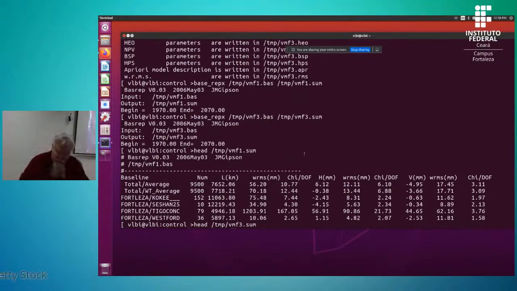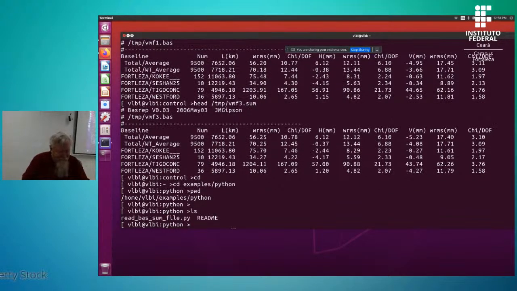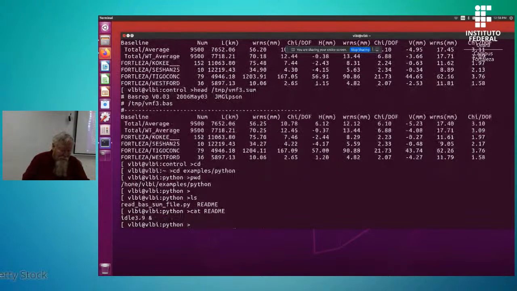Change directory to the Python directory. Go to this directory there, home, VLBI, examples, Python. And don't type in Python. Type in idle 3.9 space ampersand sign. And idle is like the interactive version of Python.